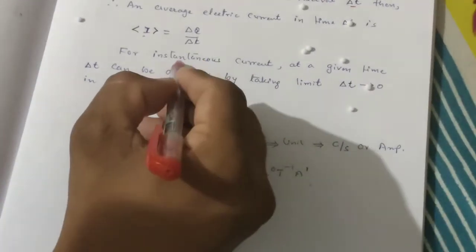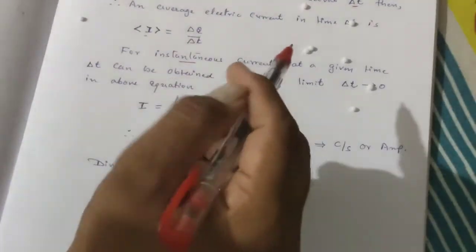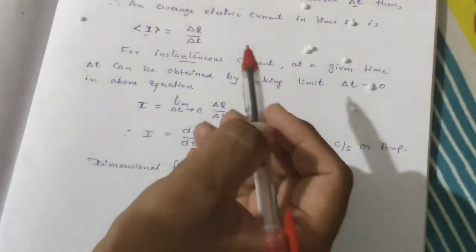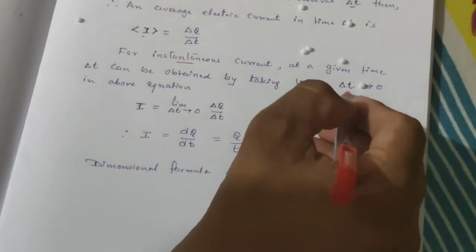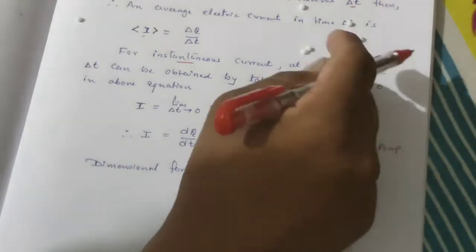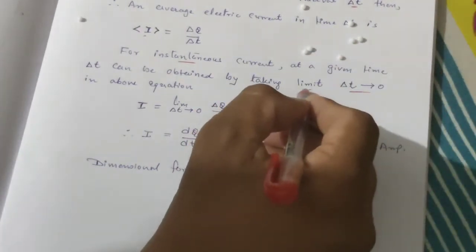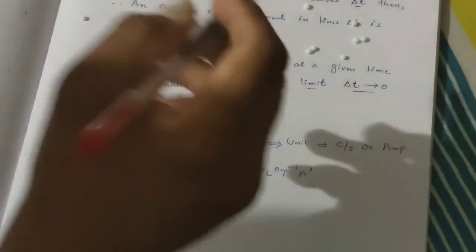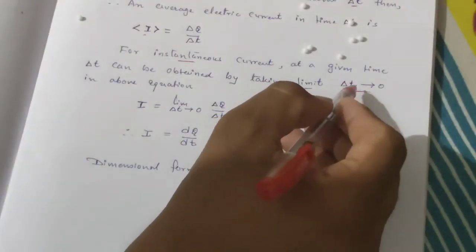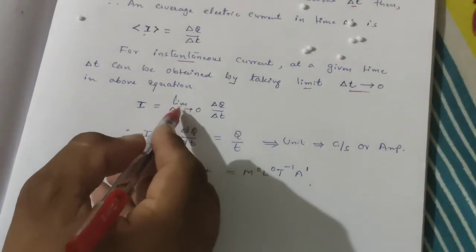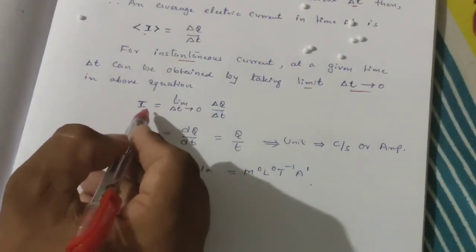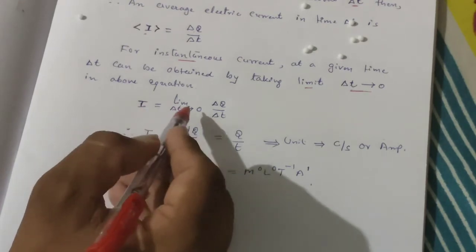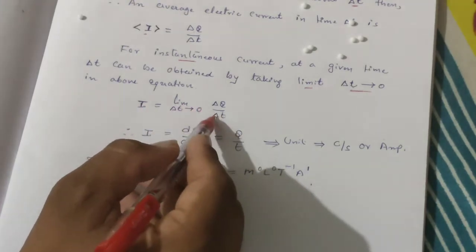Okay, now instantaneously it means what? At a particular time, suppose, what amount of electric current is passing. So for that we are considering delta t, and we have to take a limit in terms of time. So taking the limit with respect to time, here we will get the instantaneous current, delta q upon delta t.